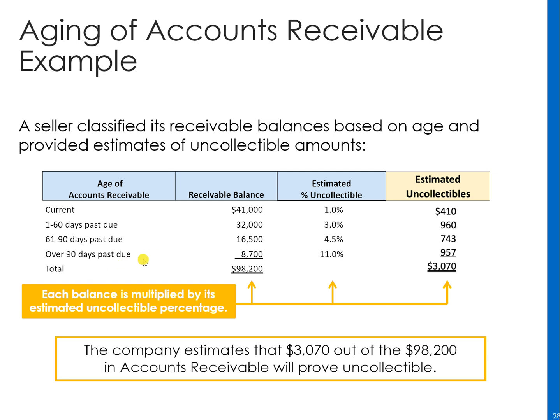However, if it's overdue for 90 days, I believe most banks apply a 100% uncollectible rate for any loans over 90 days past due. So that's how we have the loan loss provision. But it varies from bank to bank. Some banks have a more aggressive rate, some have a more conservative rate.